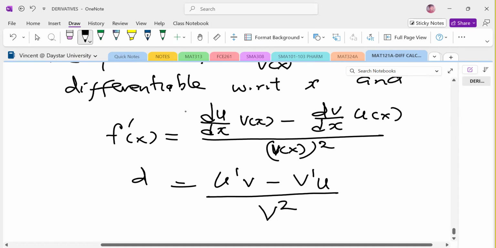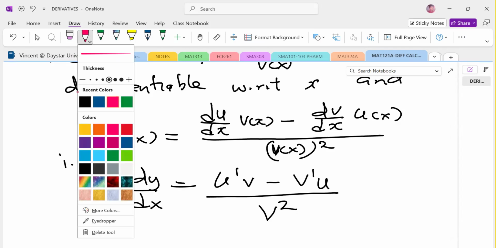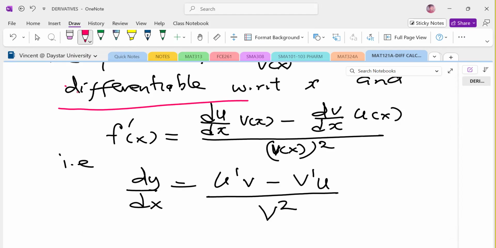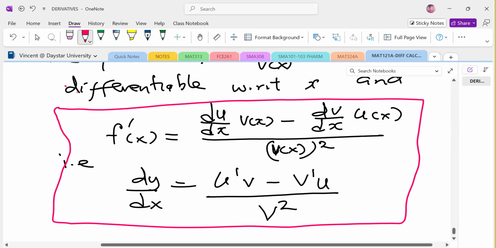So this is what we have as our dy dx. This is a famous quotient rule for differentiation. If you are asked to differentiate u over v, you simply define u prime v minus v prime u divided by v squared.